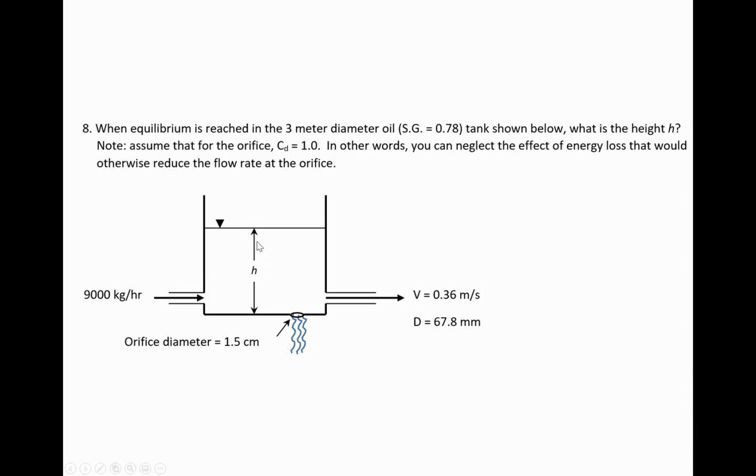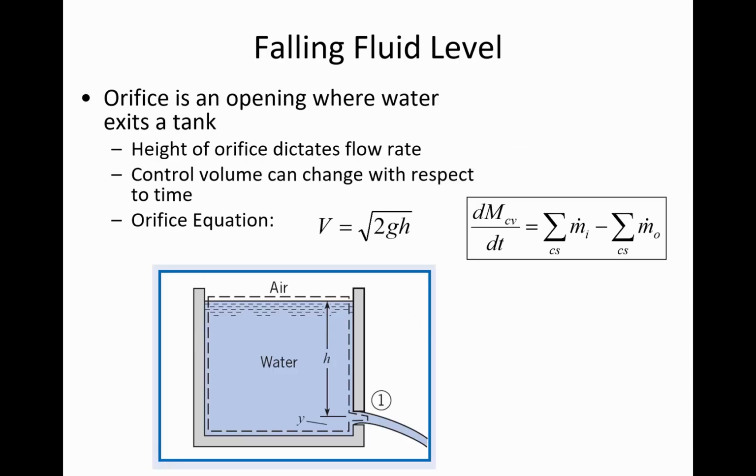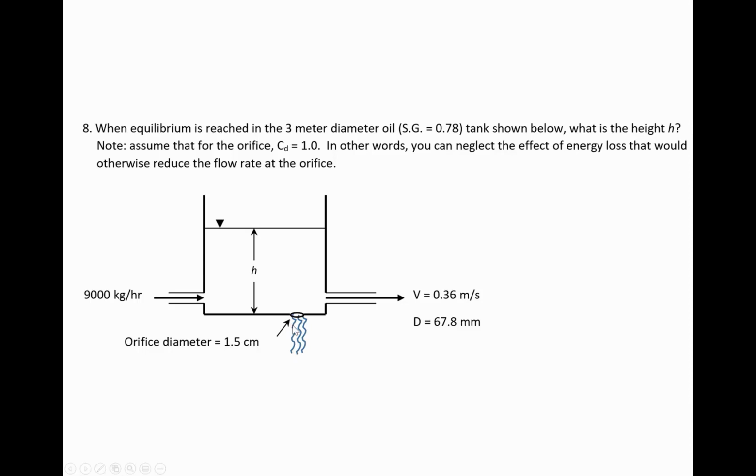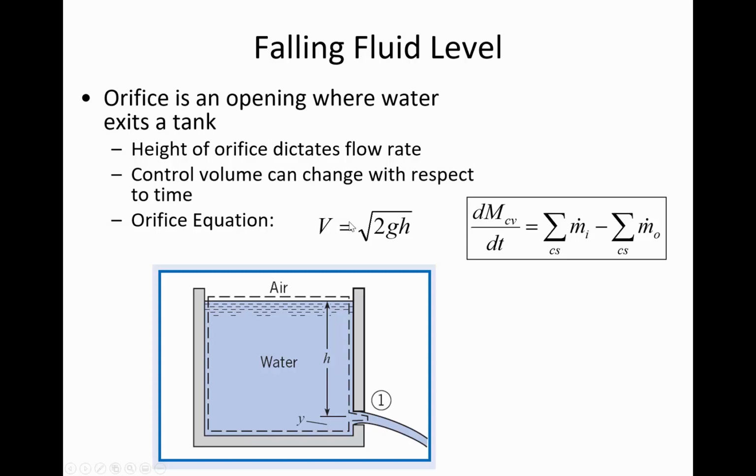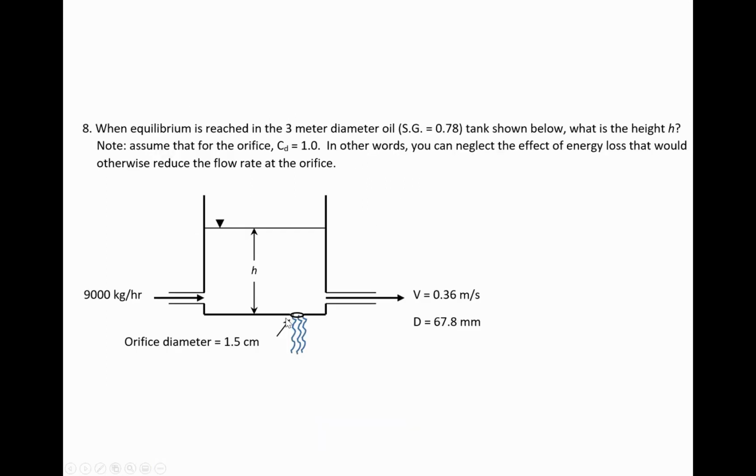So you're going to be solving for h with this square root of 2gh equation. The velocity of the jet out of the bottom of that tank is determined by the square root of 2gh. So that gives you the v. And the area of that opening can be determined by the diameter that's known. But this word equilibrium is the key that tells you in equals out.